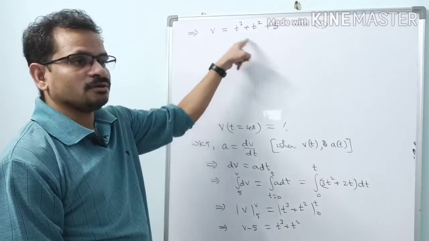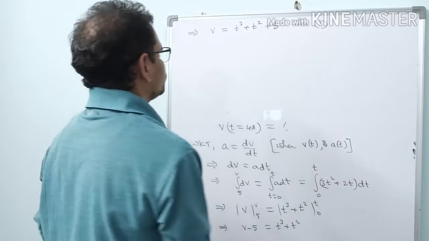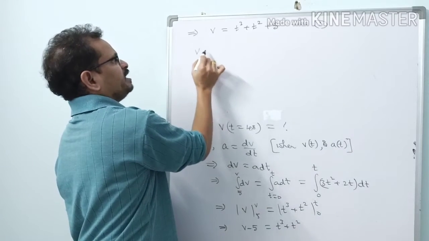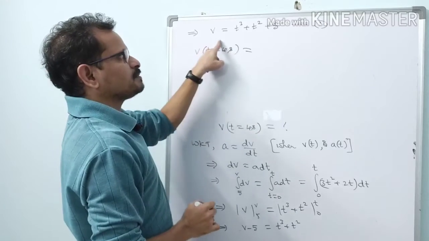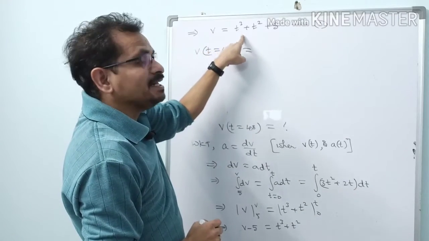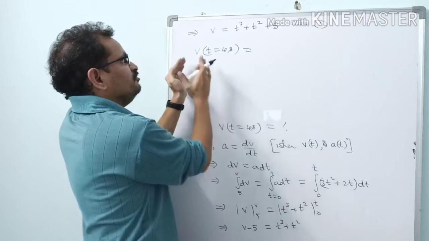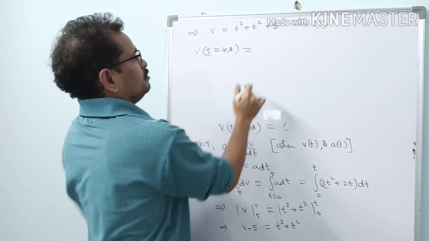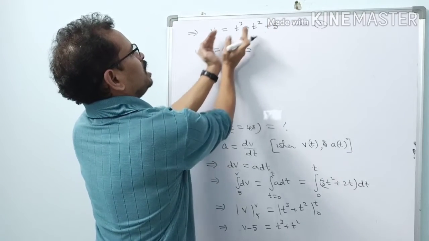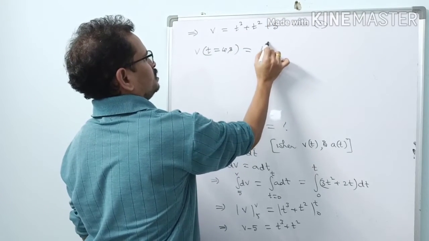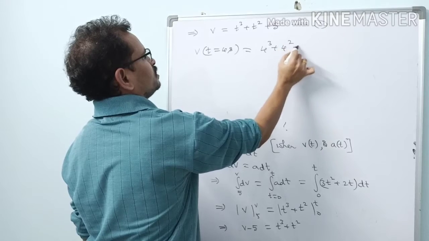V is a function of time t, right? So now what we have to find is v when t equal to 4 seconds. This expression gives v for any time t, and we want v at a particular t equal to 4 seconds. So in this expression, just substitute the value t equal to 4 seconds. We get 4 cube plus 4 square plus 5.